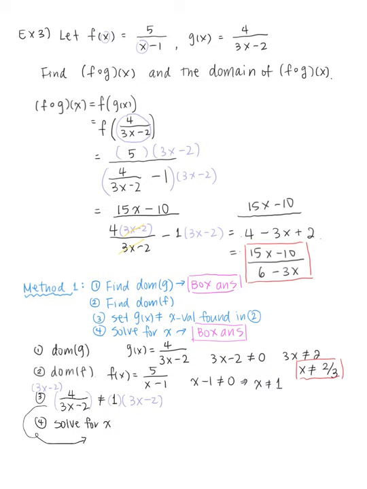If I do that, do you see that I'm going to have 3x minus 2 times 4 over 3x minus 2? That's not equal to 1 times 3x minus 2, which is just 3x minus 2. Now the good thing is that I can kill the 3x minus 2's. So then what do we get? 4 does not equal 3x minus 2.